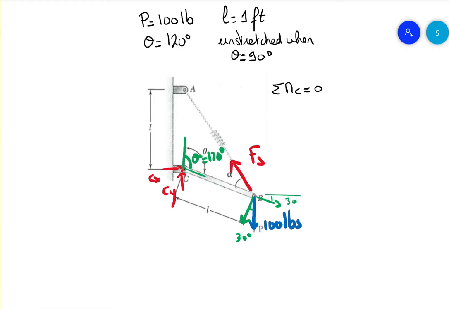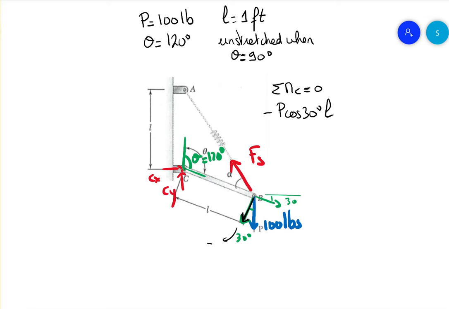Okay, so for the moment about C, if we look at just the component of P, this one, that tends to rotate in the negative direction, we have P cosine 30, so just this component times the distance L, and it's rotating in the negative direction. Okay, so that's for the P.